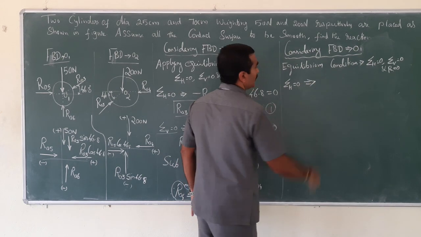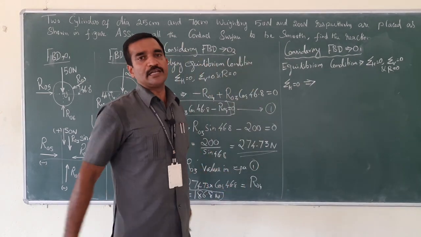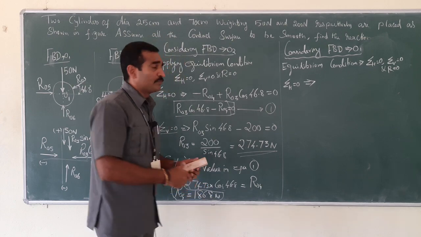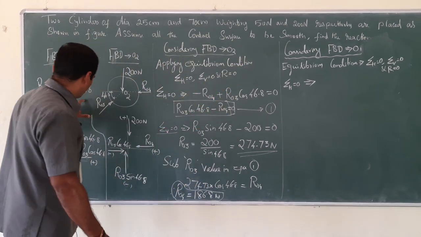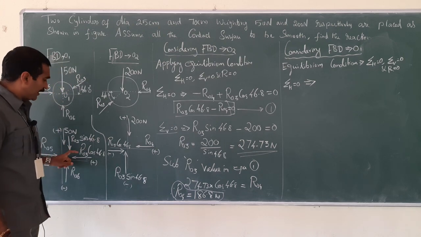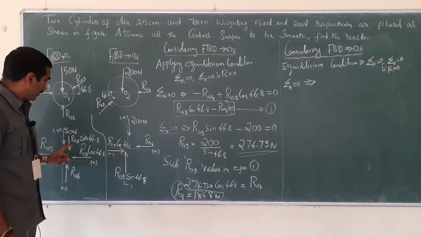I am going to sum all the horizontal forces as far as the FBD of cylinder 1 is concerned. Look here, how many horizontal forces are there for cylinder 1?